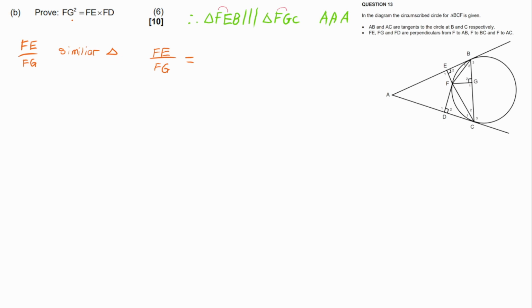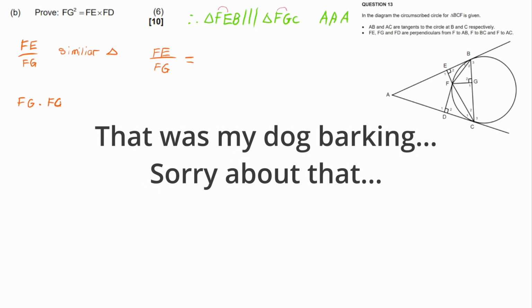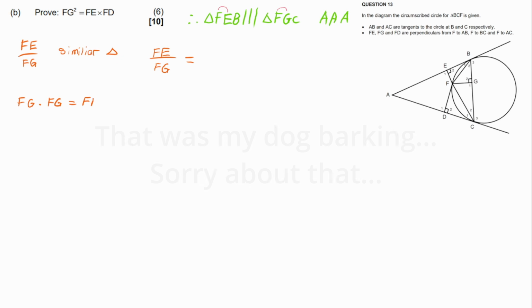So when I do that, what am I left with? Okay, so you would have seen that actually we have FG times FG is equal to FE times FD. But I know one of my ratios is this over here. So I'm going to rearrange this equation so I get one of these. So I just divide this left side by FG.